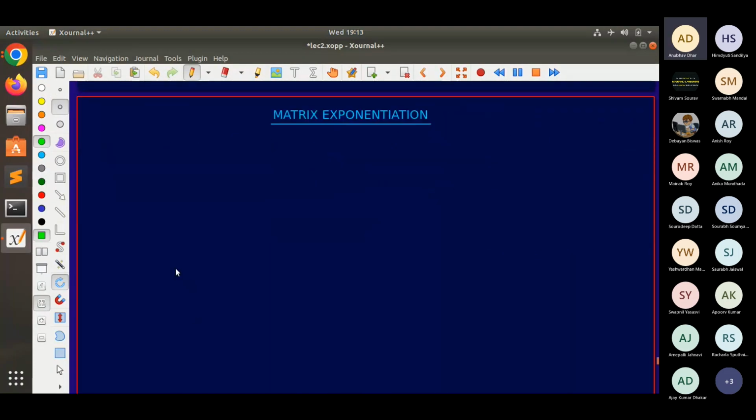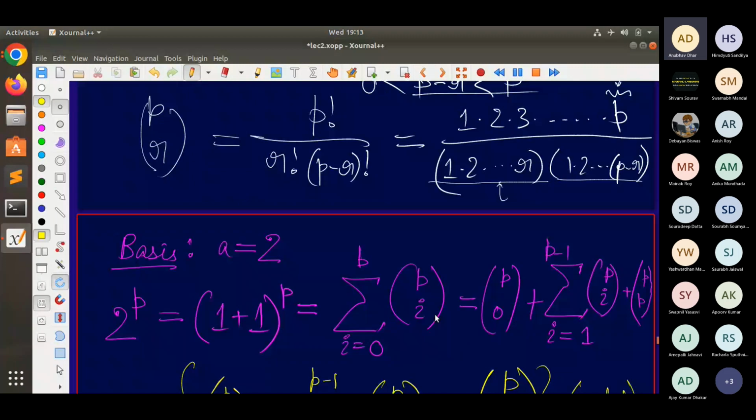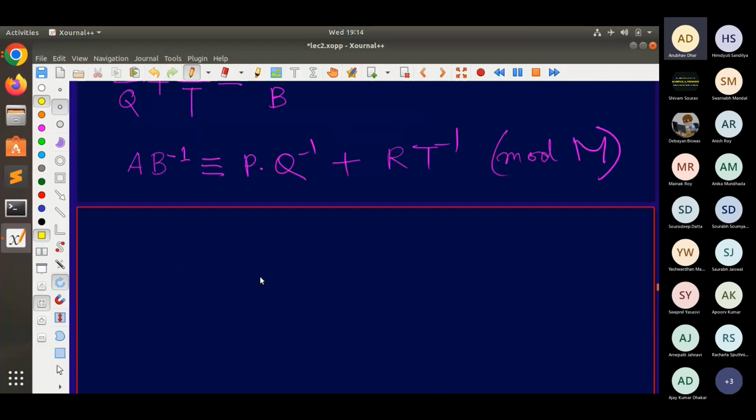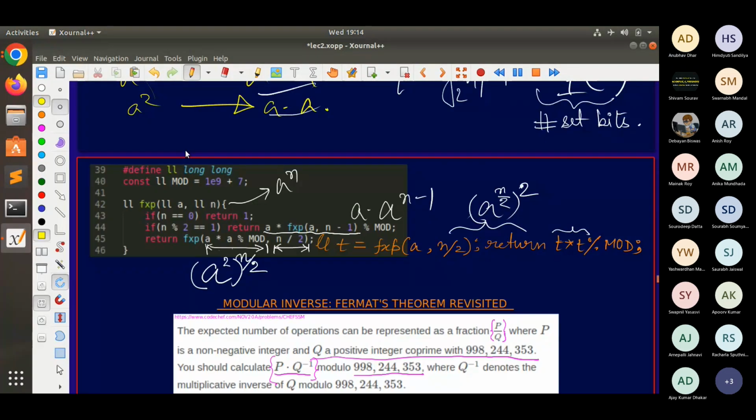Now let's move into matrix exponentiation. This is not really a topic that is very closely related to number theory, but it uses modulo, so you can very well include it in a number theory discussion, I guess. Now the main focus of this is that remember that we used an algorithm to get a power n.